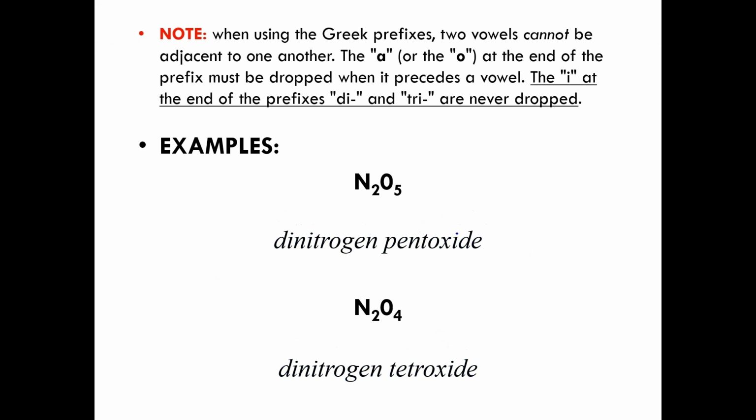So although it is odd, you must keep in mind this one restriction. Remember though, the I at the end of di and tri are never dropped. This restriction only applies to A or O at the end of a prefix.